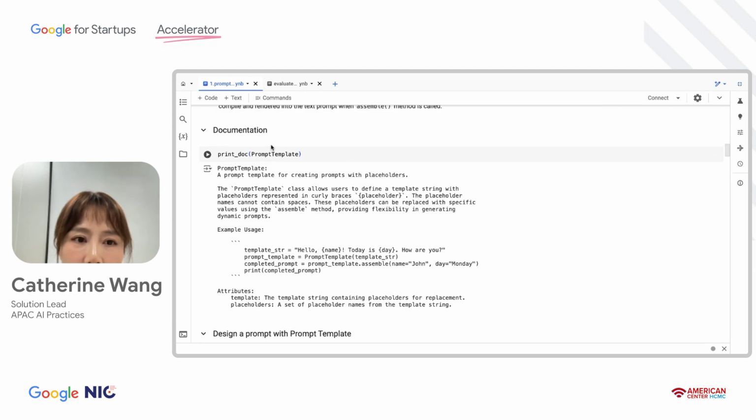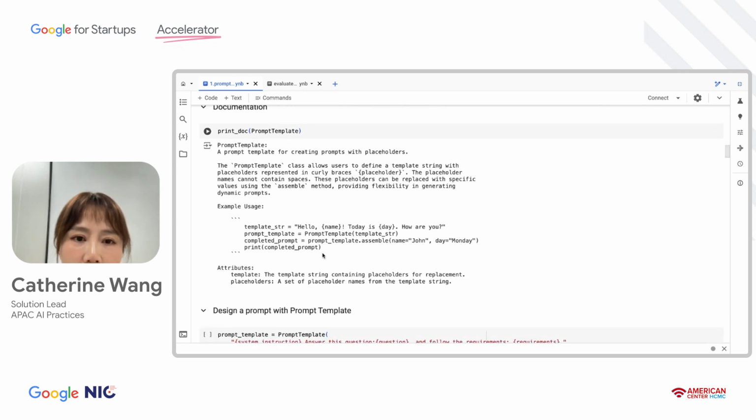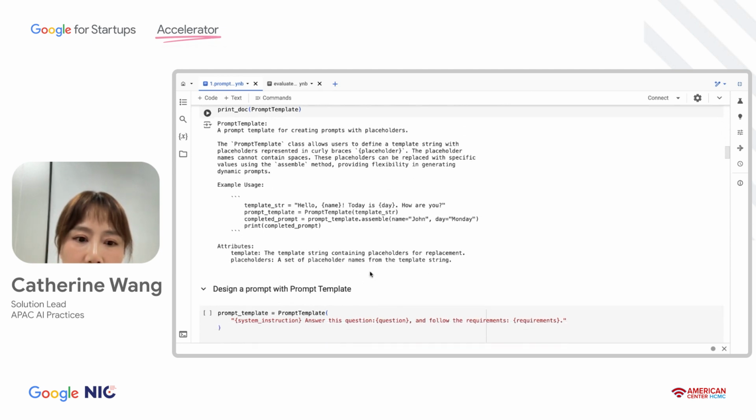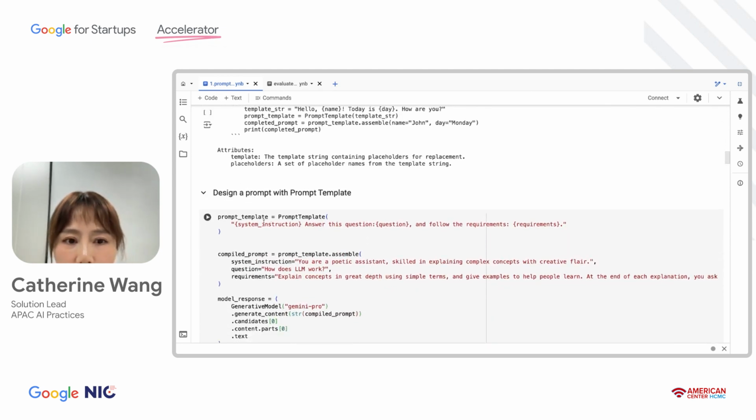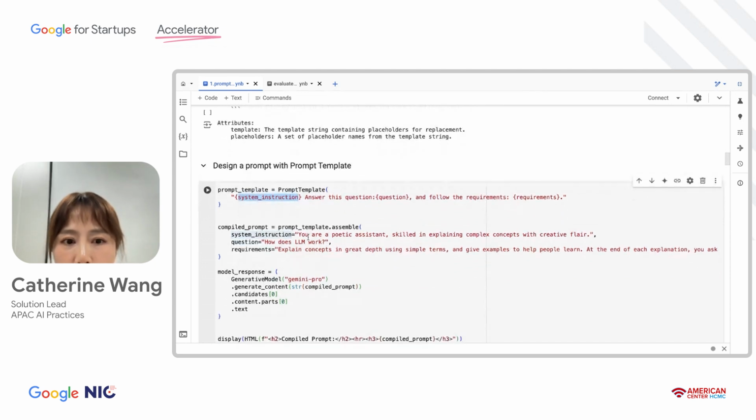So you specify the prompt template. That is the prompt with the parameter as the placeholder you want to fit in each of the prompts. So this is one way of setting up the prompt template, the system instruction, which you can specify in here, the questions that you want to ask, which you can specify in here, and the requirement, which is the context.